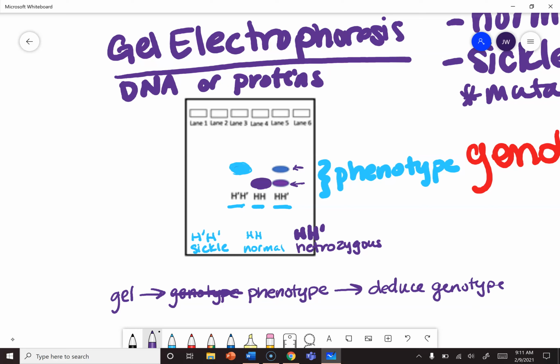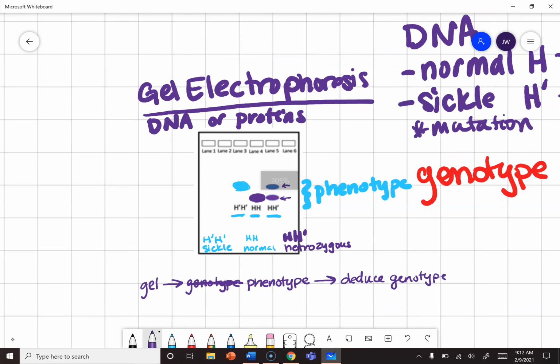So if we were to look at a gel without them being labeled, if you see a blue, that indicates the presence of sickle cell. If you see purple, it indicates the presence of the normal hemoglobin. If you see both, it means that that individual is heterozygous.